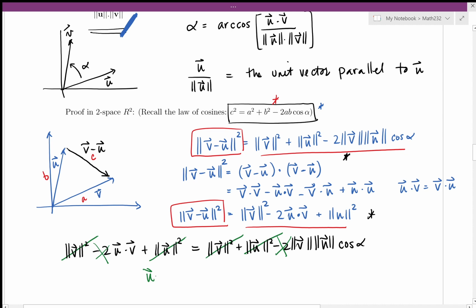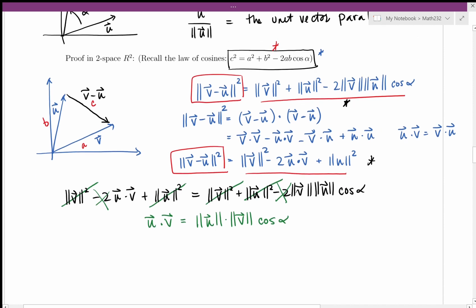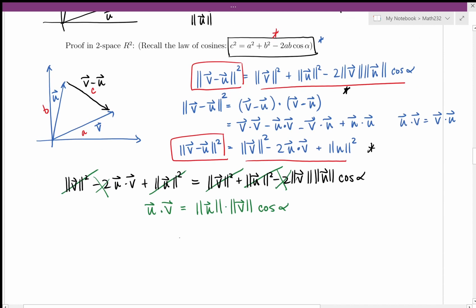We end up with, let me be a bit neater, u dot v, the dot product of u and v, being equal to the norm of u times the norm of v times cosine of alpha. And then we can simply, of course, solve for the cosine of alpha.